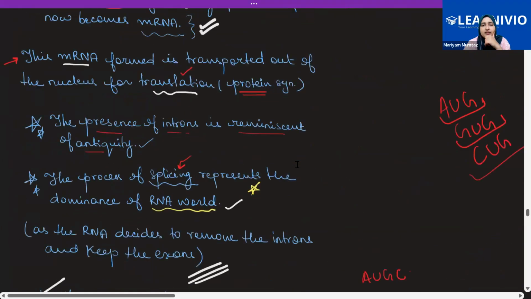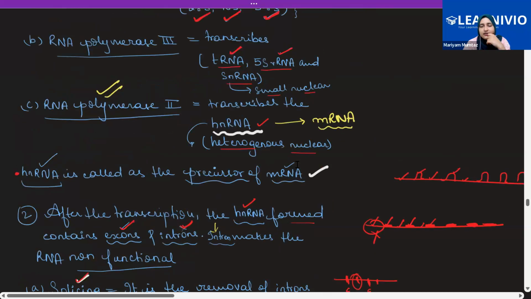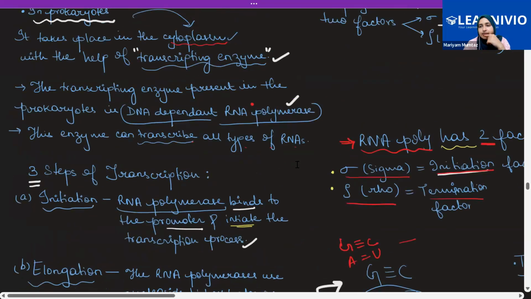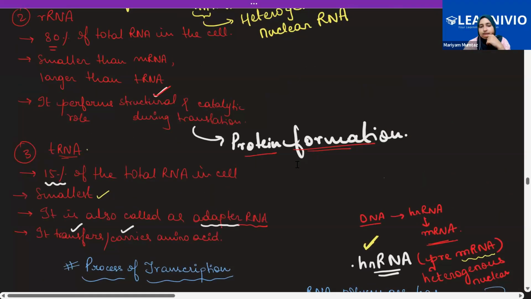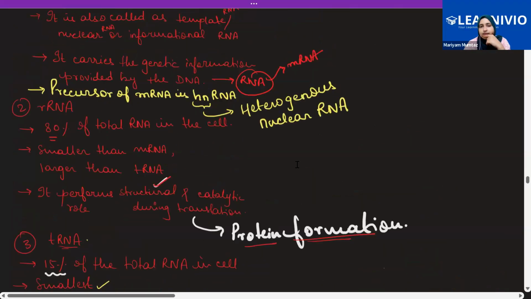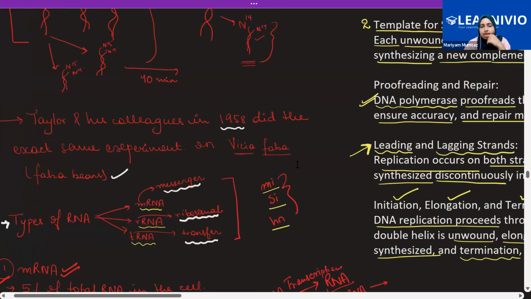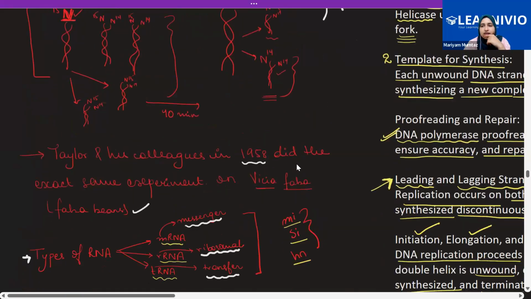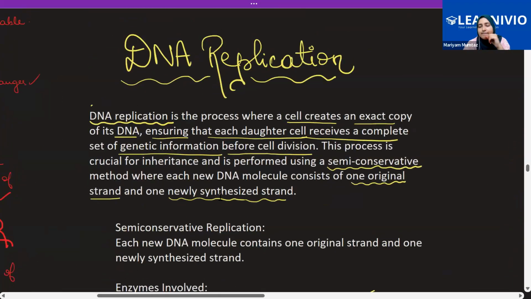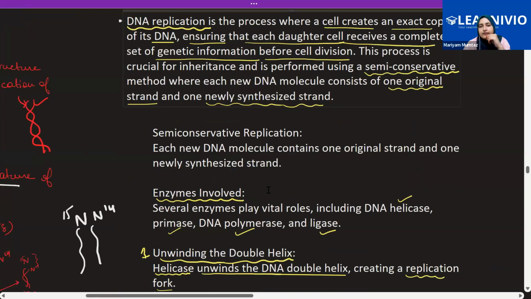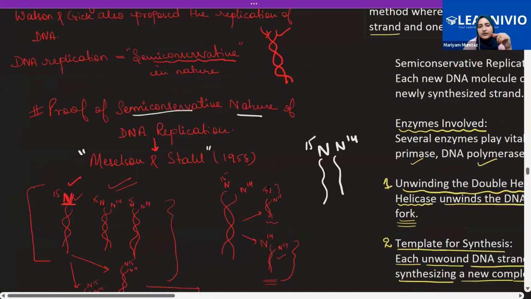Now you people note down till here. You have to start from transcription, right? Ma'am, the proof of the semi-conservative nature of DNA replication. This part you've done, right? Types of RNA you've also done. We were doing the proof. No, ma'am, we have to do this. So I have to give you another writer.